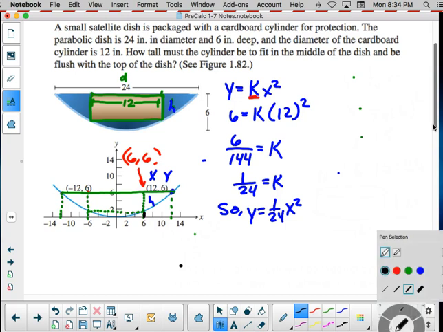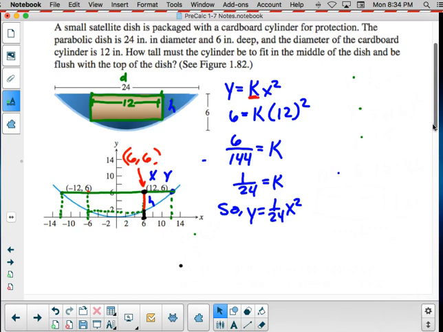This distance from the x-axis to the edge of my parabola, I want to find out so I can find this distance h. Okay, because I know from here to the top it's 6, because it's 6 by 6, that goes all the way across.